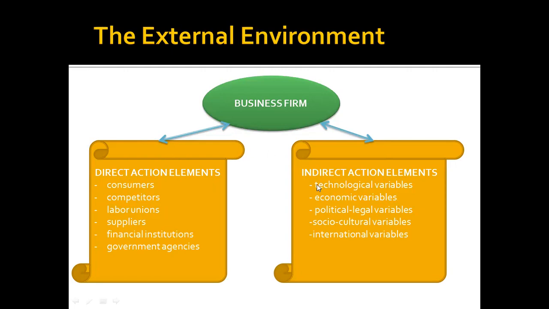Whereas the indirect action elements do not affect the organization directly. Instead, they affect the climate in which the operations of the organization take place. These are the technological, economic, political, legal, sociocultural, and international variables.